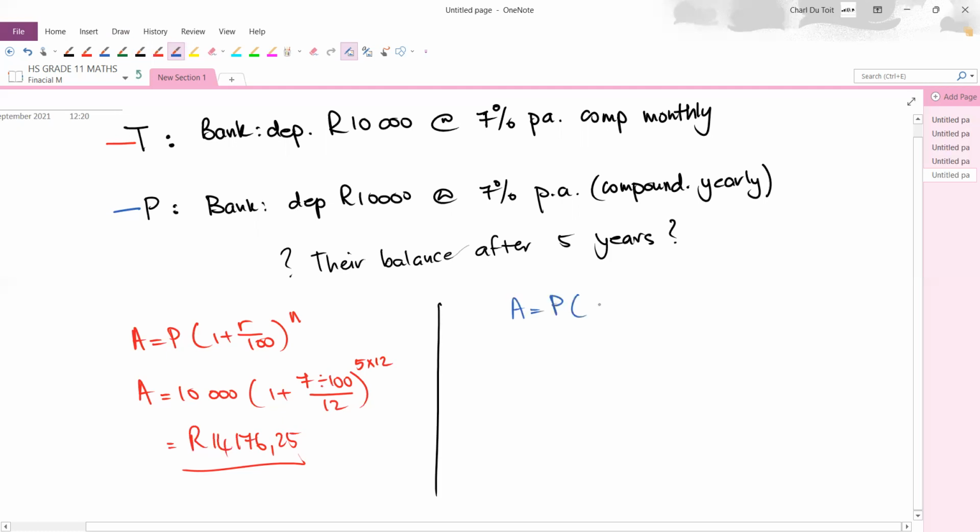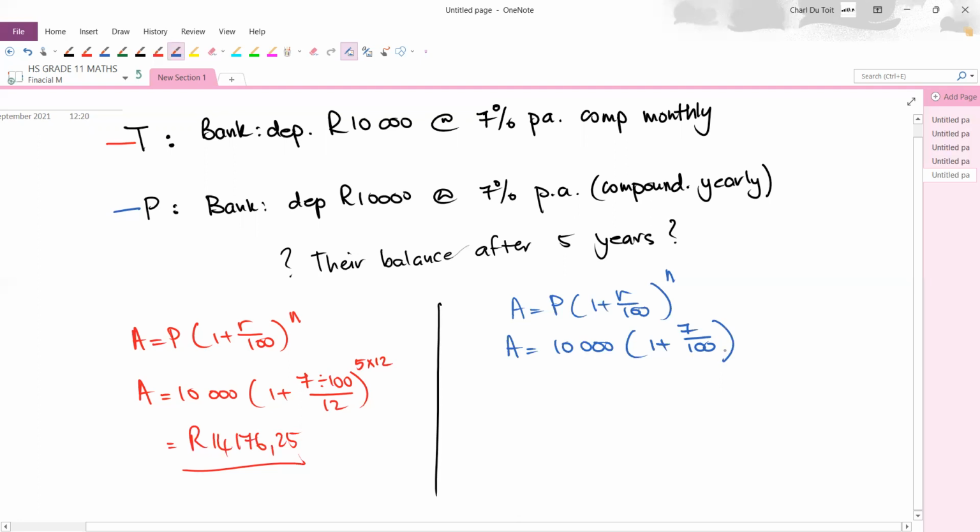Peter is the same formula. So Peter also takes 10 grand, puts it in the bank at a rate of 7 divided by 100, because there's no monthly quote, it's only yearly compounding.